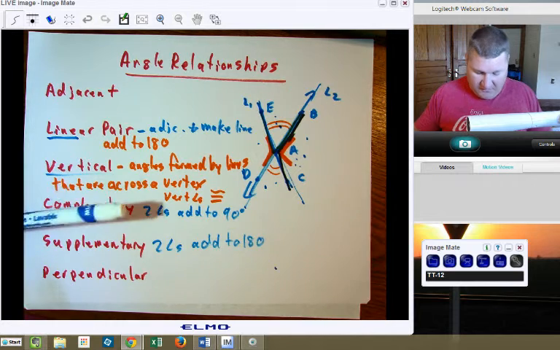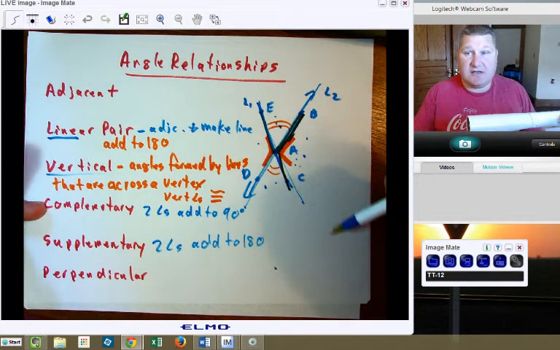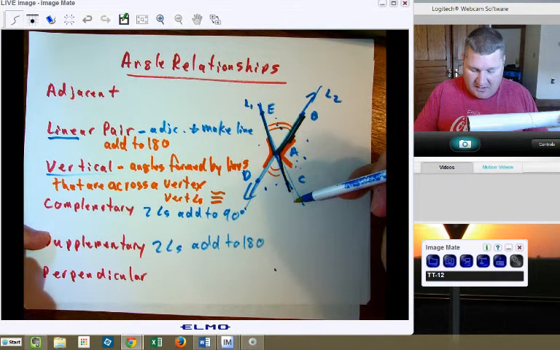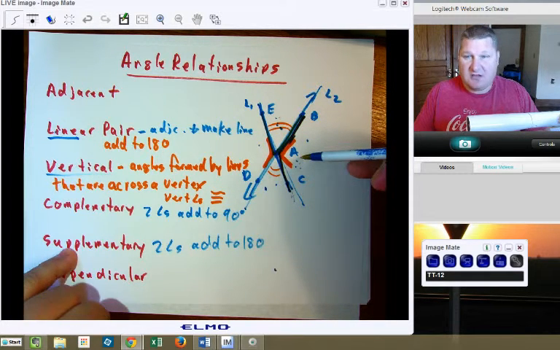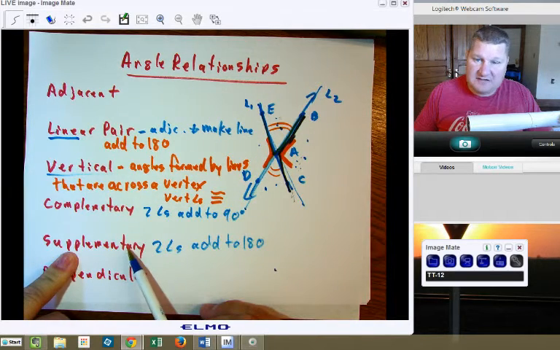Now, in our case, we don't have any right angles, so I can't work with complementary, but I certainly can work with supplementary. This angle here, remember, and this angle here used to make a straight line. That would have been 180, so these two together make 180 and therefore are supplementary. So linear pairs are always supplementary.